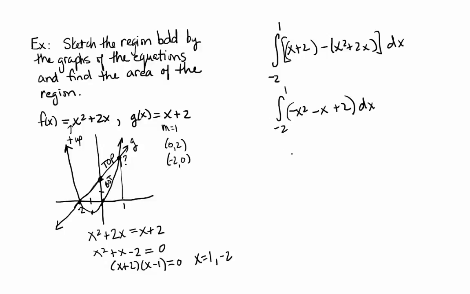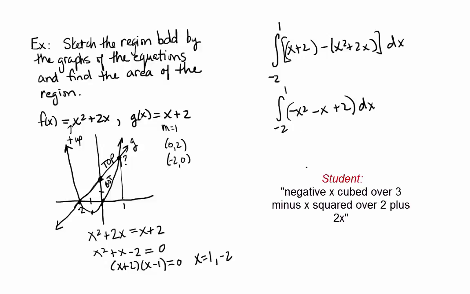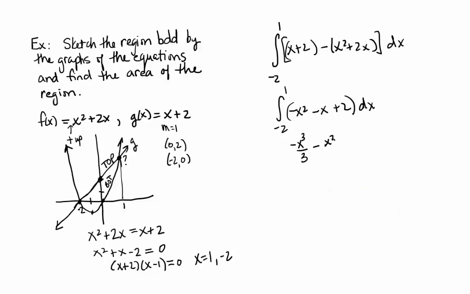What's the antiderivative of -x squared minus x plus 2? Good. And we're going to evaluate that from -2 to 1. So which one do I plug in first? The 1. Good. So we have -1/3 minus 1/2 plus 2 when I plug in the 1.